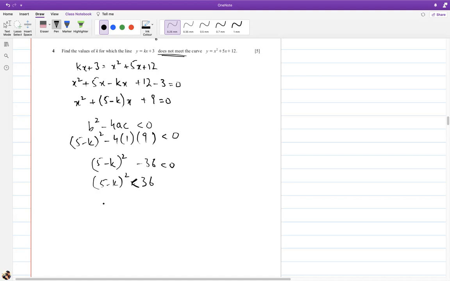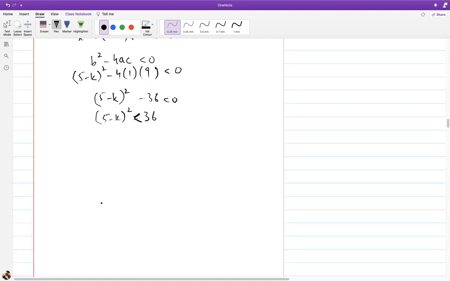Now here, from this moment on, I have to remember that I'm using an inequality. So when you solve an inequality, you don't get an answer right away. You basically get two critical values in this case. So my critical values are going to be (5 minus k) whole squared is equal to 36, square root on both sides, and plus and minus it because I'm introducing the square root myself.